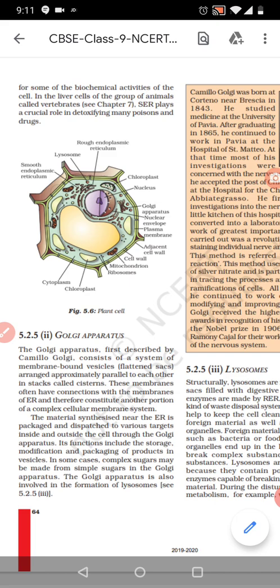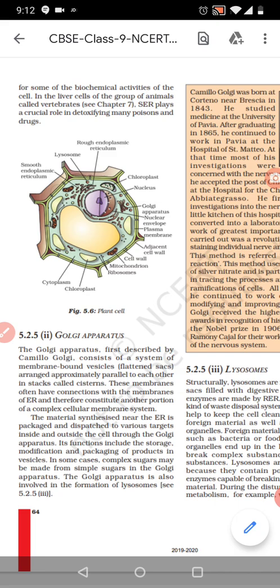RER, rough endoplasmic reticulum, has a rough surface because of ribosomes present on it, and these ribosomes mainly synthesize protein. So here, children, we can say that RER helps in the synthesis of protein, and that's why it is rough endoplasmic reticulum.